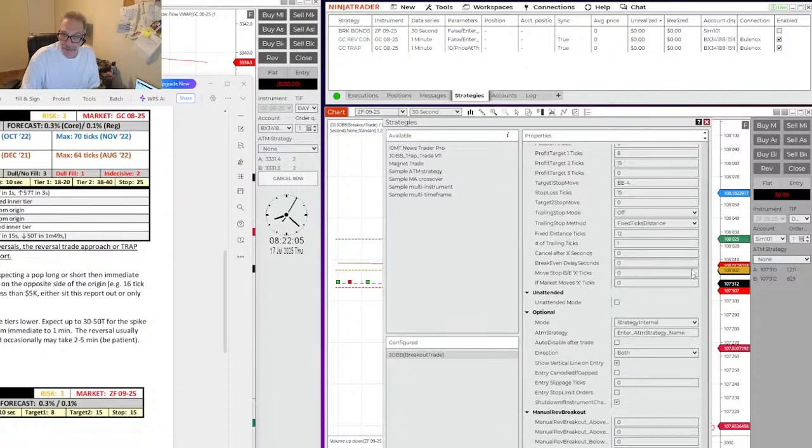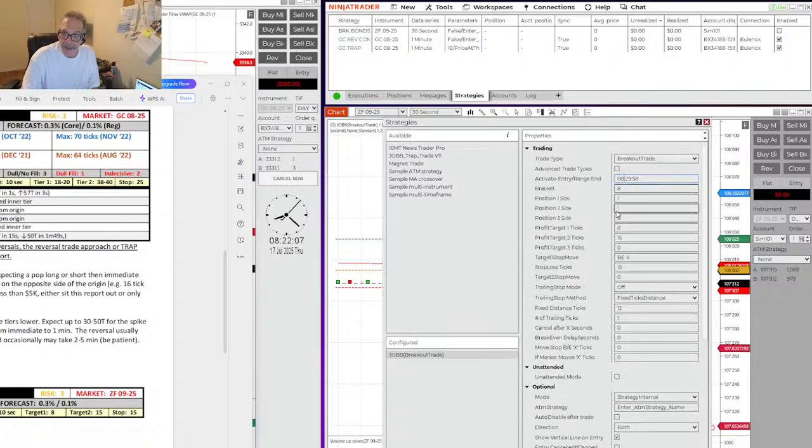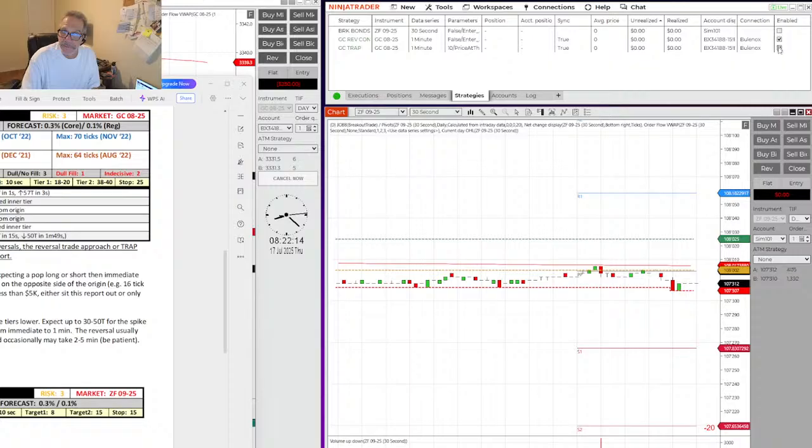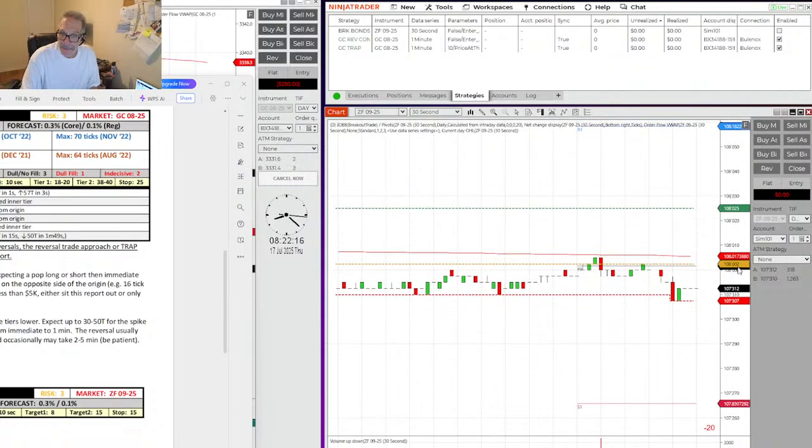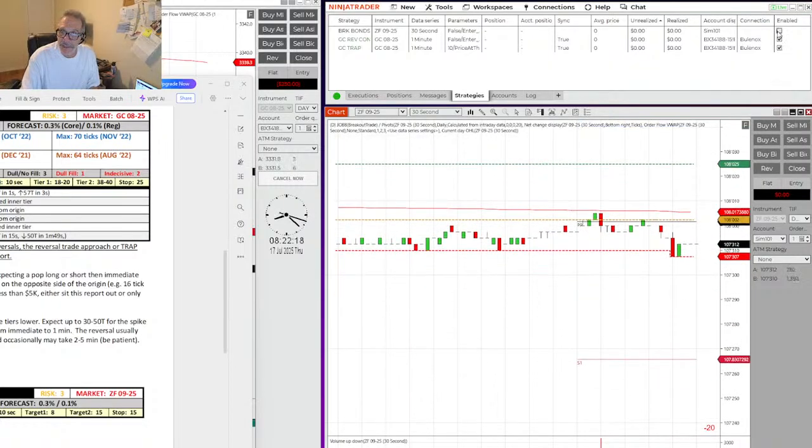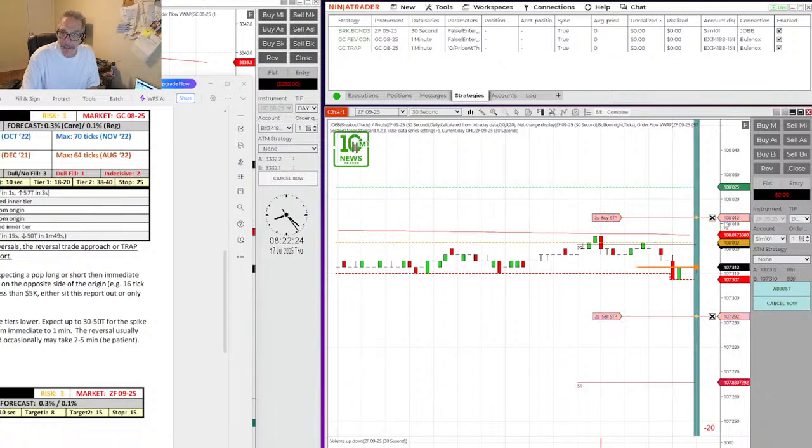Apply it, and then I do like to see the bracket. And in order to see the bracket before the trade, you put your time on 0. Enable the trade by clicking the checkbox. As soon as there's price movement, the bracket will calculate.